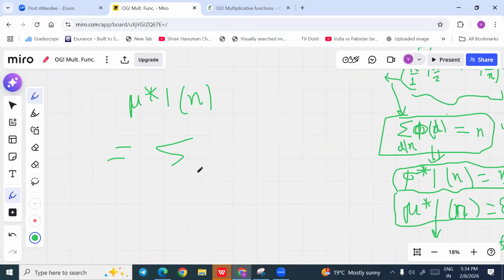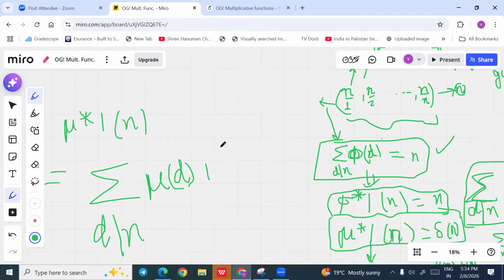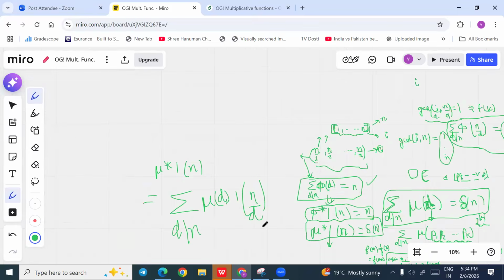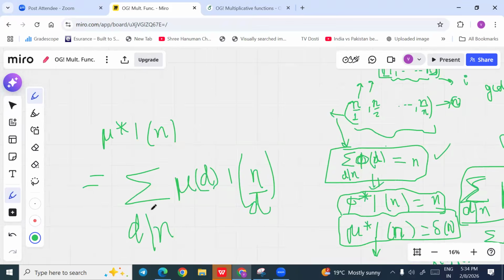This is the summation over d dividing n of Mobius of d times 1 of n by d. This is just the definition. Is it clear till now?